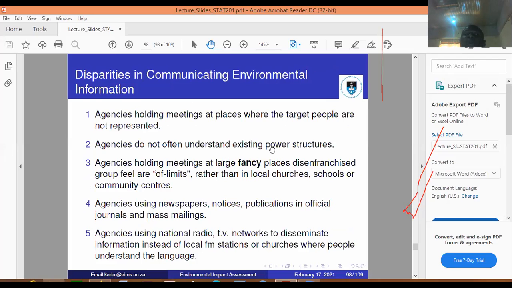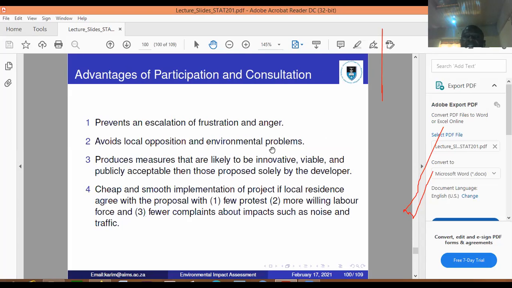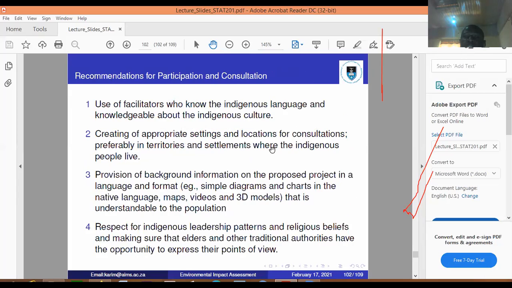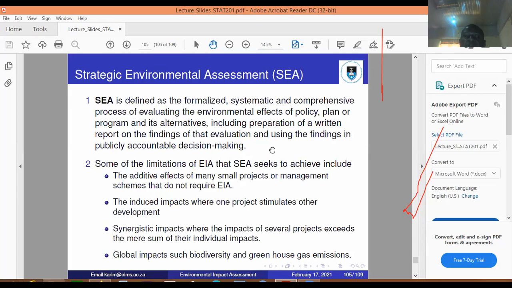And then we'll look at what method would disfranchise people from getting information when we are communicating. And then we'll look at disadvantages and advantages of participation and consultation. And then what are the recommendations for participation and consultation? And then finally, we look at strategic environmental impact assessment. And this will be the last.